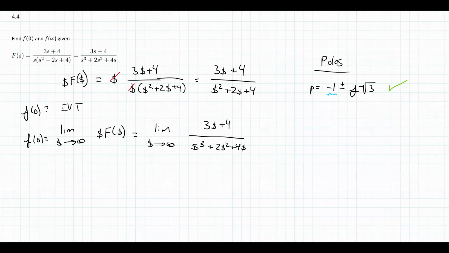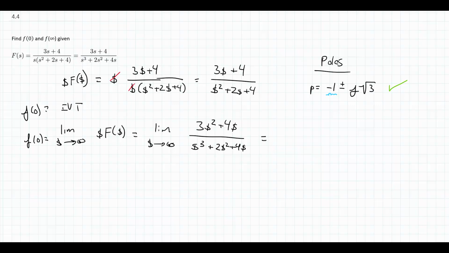And I forgot to put that s on top, so 3s squared plus 4s goes on top, again because it's s times F of s. Multiplying by s raised the degree of every term in the numerator by 1.